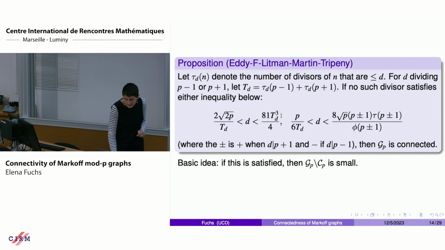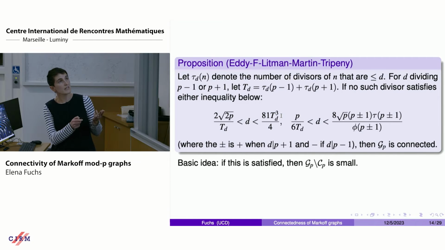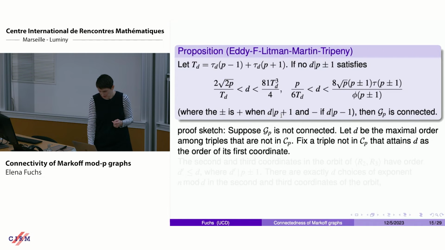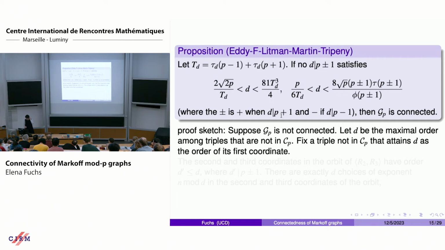And the basic idea is that if this is satisfied, then this is too small. Let me show you a sketch of the proof, because seeing these inequalities without any explanation just seems kind of icky.